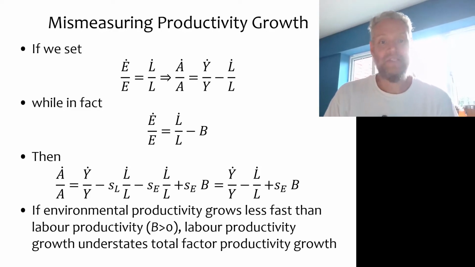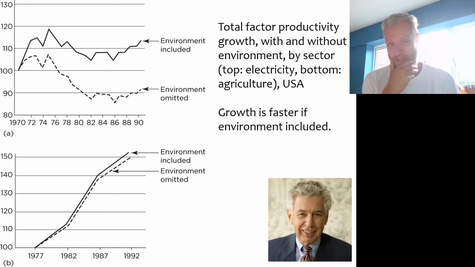Now, how serious is this? Here is an example, a somewhat older example for the USA, and this is work done by Robert Repetto, seen when he was much younger than he is now. For the USA, this is for electricity, this is for agriculture.